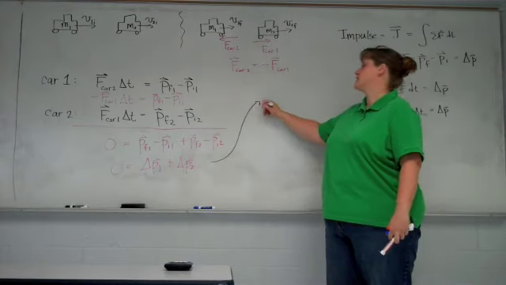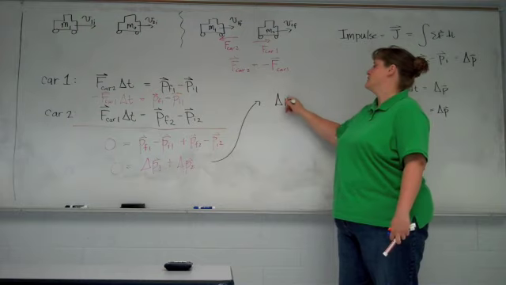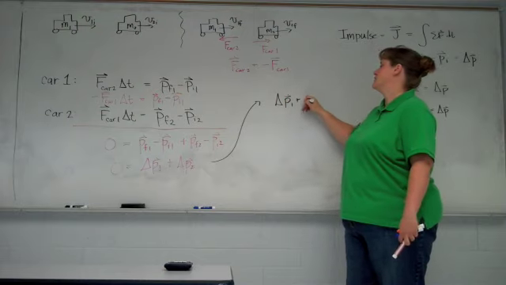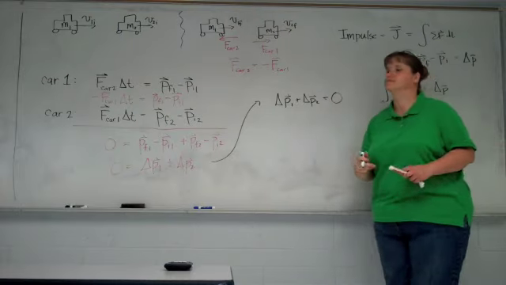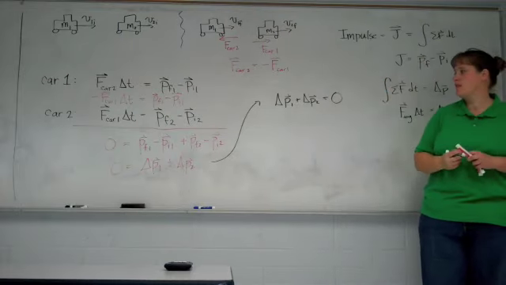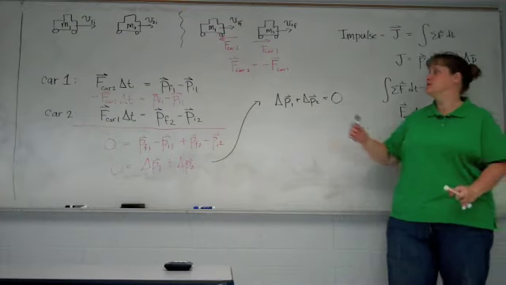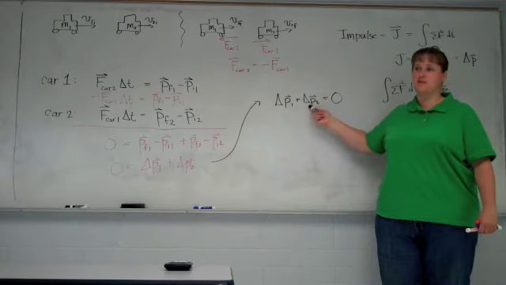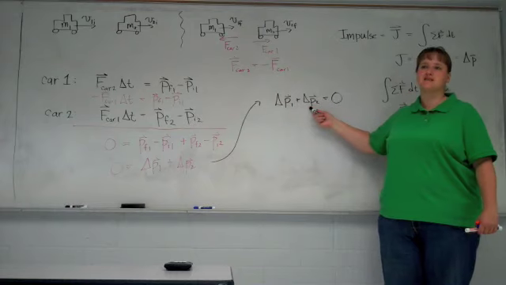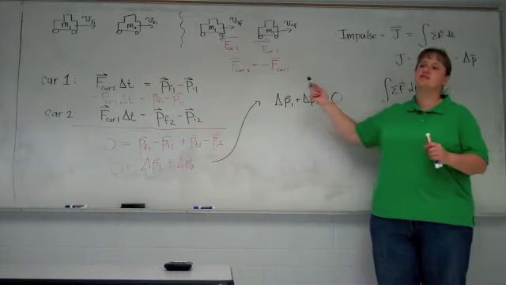I'll rewrite that here. Sorry, it's kind of low. That means, however much the momentum of car 1 decreased by is exactly how much the momentum of car 2 increased by. The momentum was transferred from car 1 to car 2. This is a conservation law.